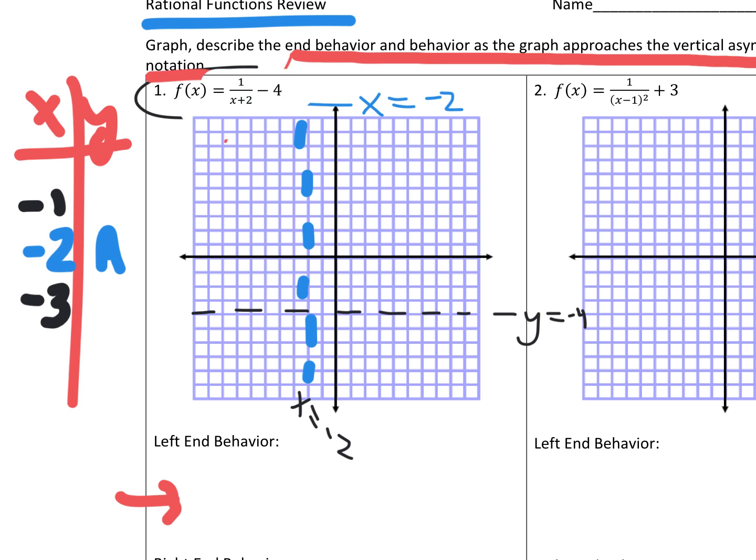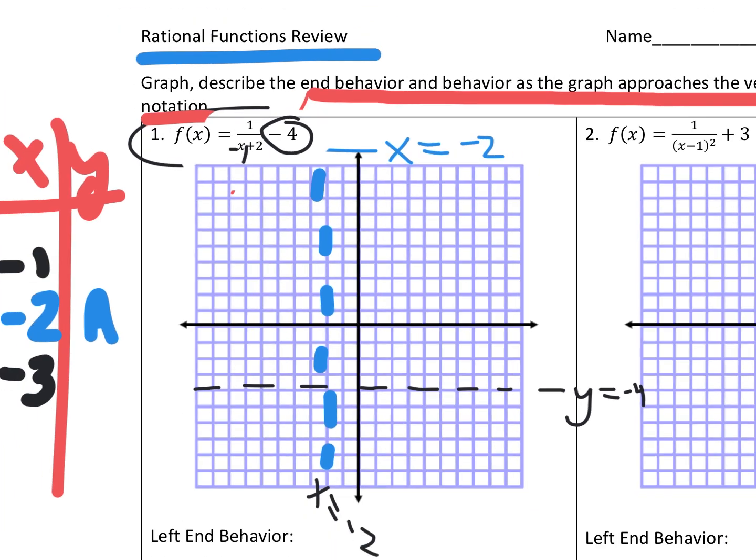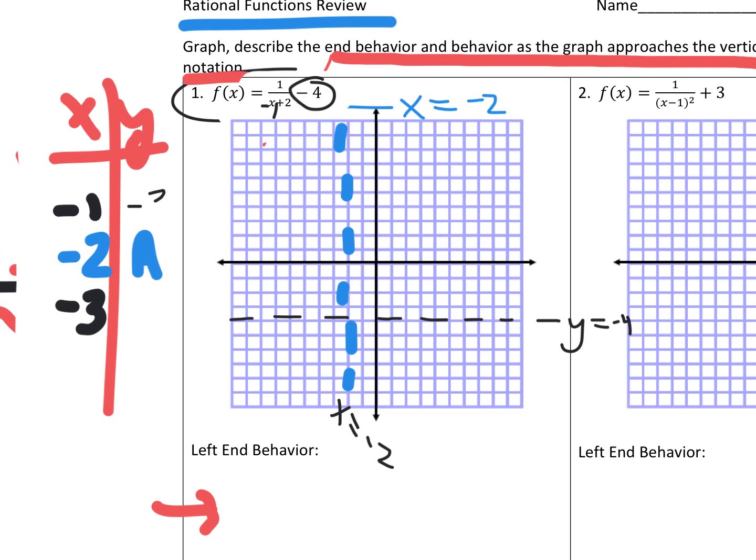If I put in -1, then that would go right here. And I'd have 1 over 1, which is 1. 1 minus 4 to finish it off here with this -4. 1 minus 4 is -3. So -1, -3 is a point on my graph. If I go over 1 and down 3, that's right there.